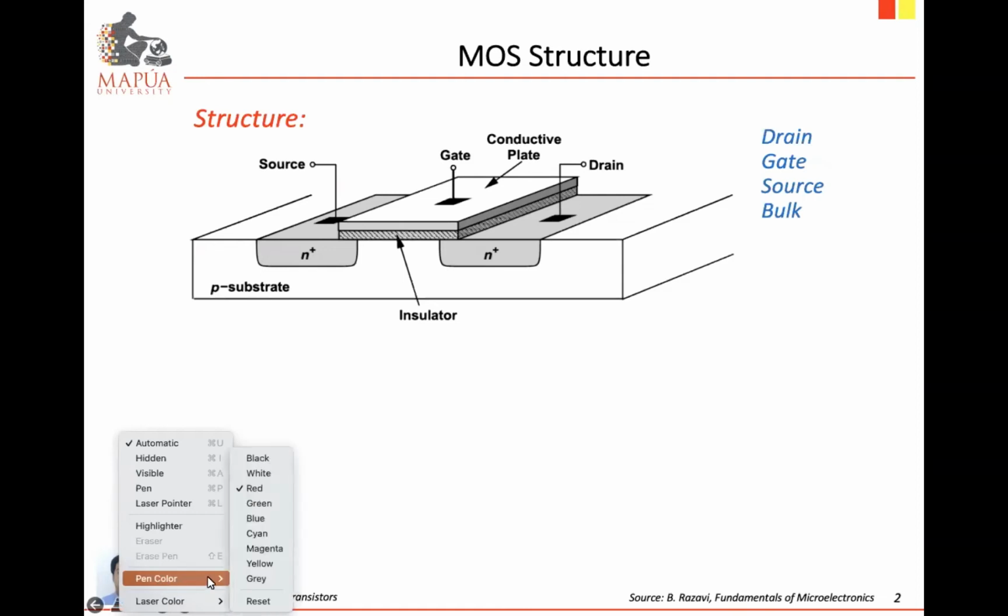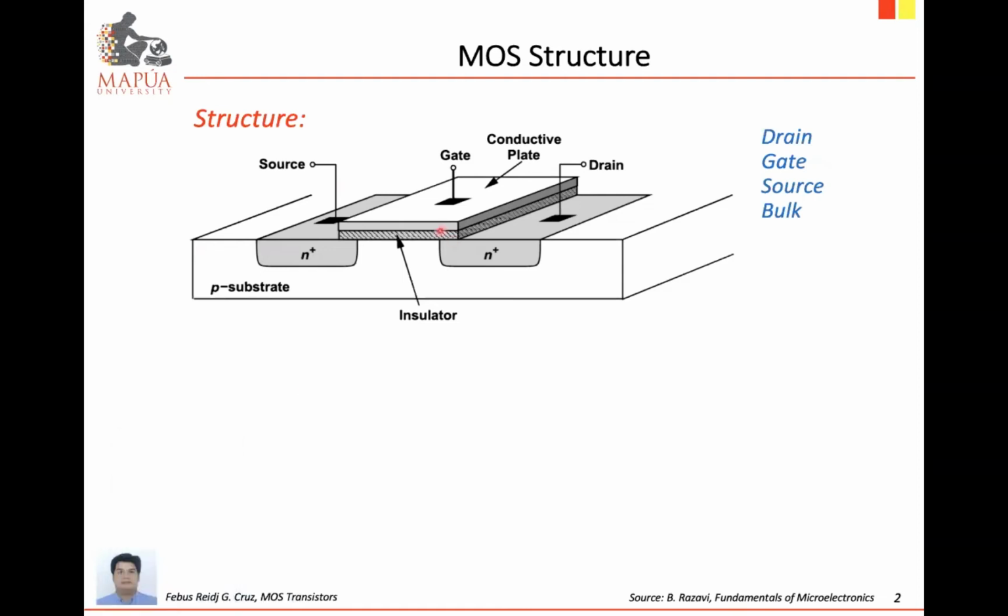So N+ and the P substrate are the semiconductor layers, and on top you have the insulator, the silicon dioxide or oxide layer. Then on top of the oxide, we have the metal layer.